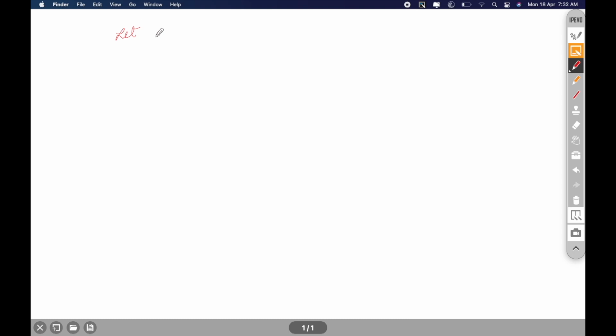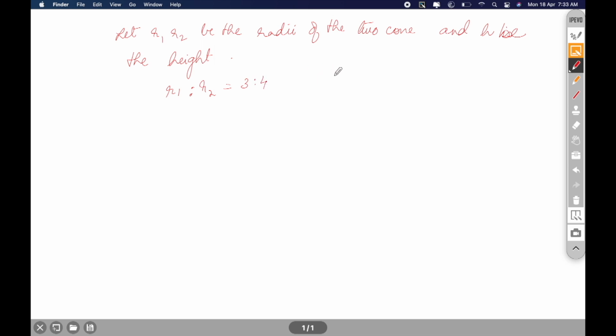So let R1 and R2 be the radii of the two cones, and H be the height, because height is the same. So we are given R1 is to R2 as 3:4. That is R1 by R2 can be written as 3/4. Now the ratio of their volumes is required.